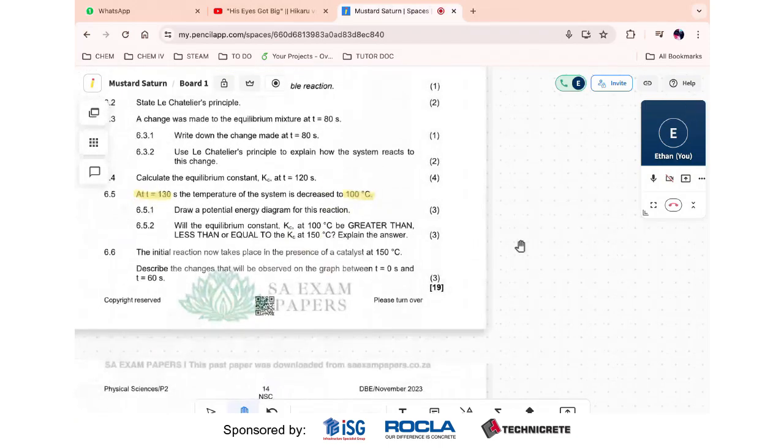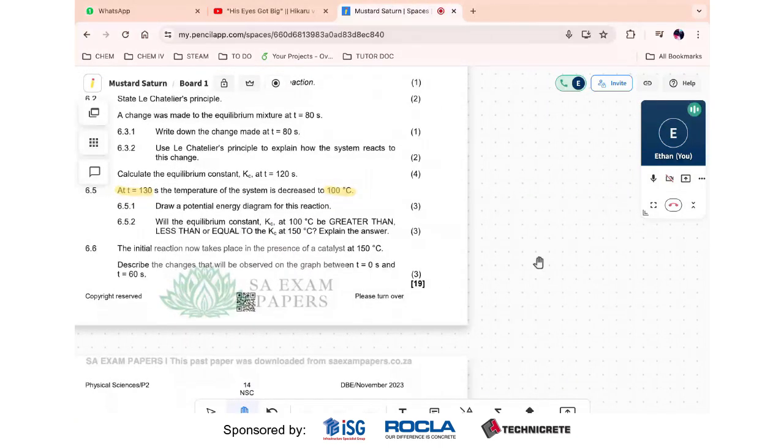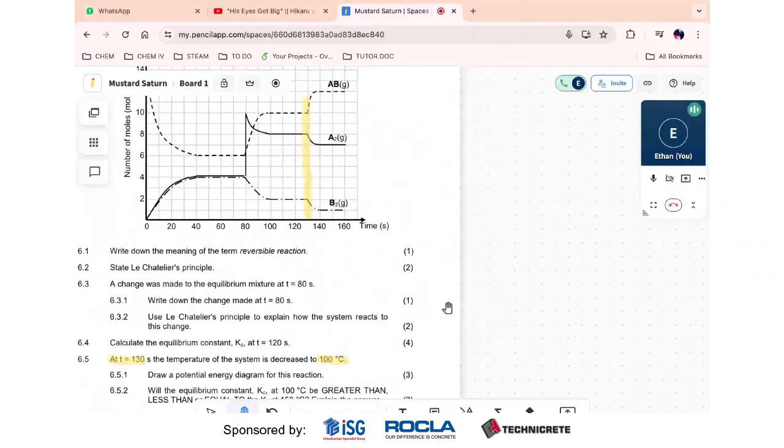Okay, moving on to 6.5.2. Will the equilibrium constant Kc at 100 be greater than, less than, or equal to the Kc at 150? Explain your answer. So you can definitely actually calculate it, but you don't need to calculate it, because you can see that AB is increasing, A2 is decreasing, and B2 is decreasing.